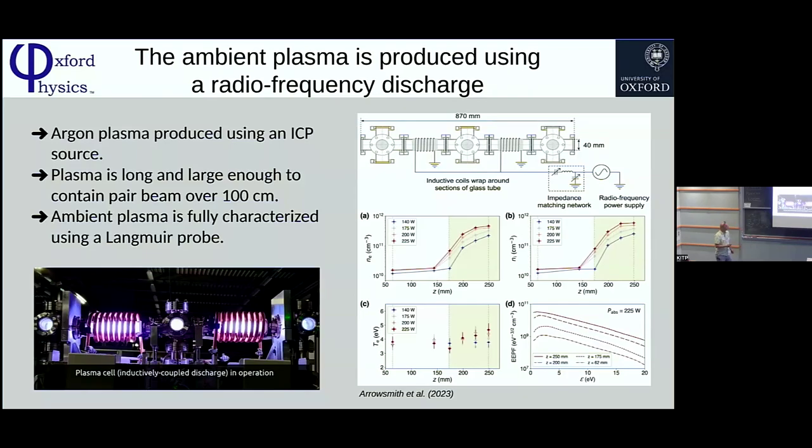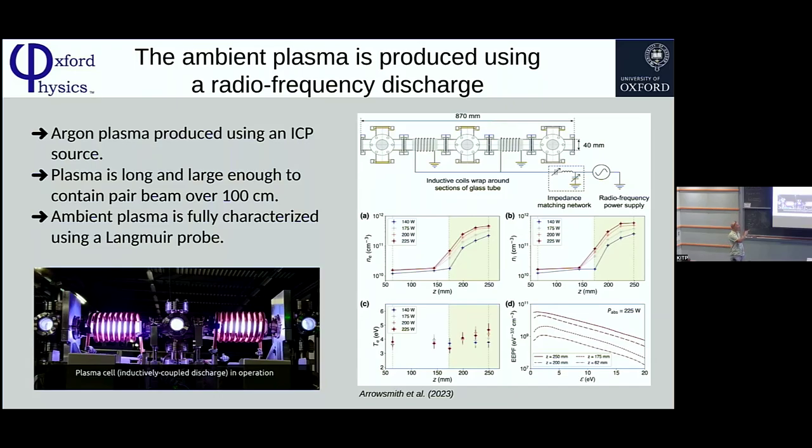So we try to make the plasma as cheaply as possible, and we use a technique called inductively coupled plasma, using radio frequency, which is essentially the same technique that is used to make plasmas, for example, in fluorescent lights, which are based on radio frequency. Those ones probably not, but most of them are.